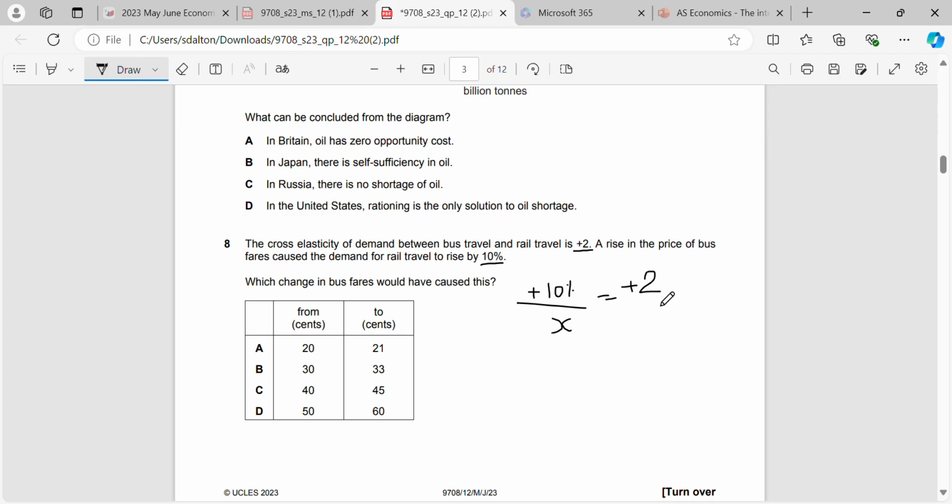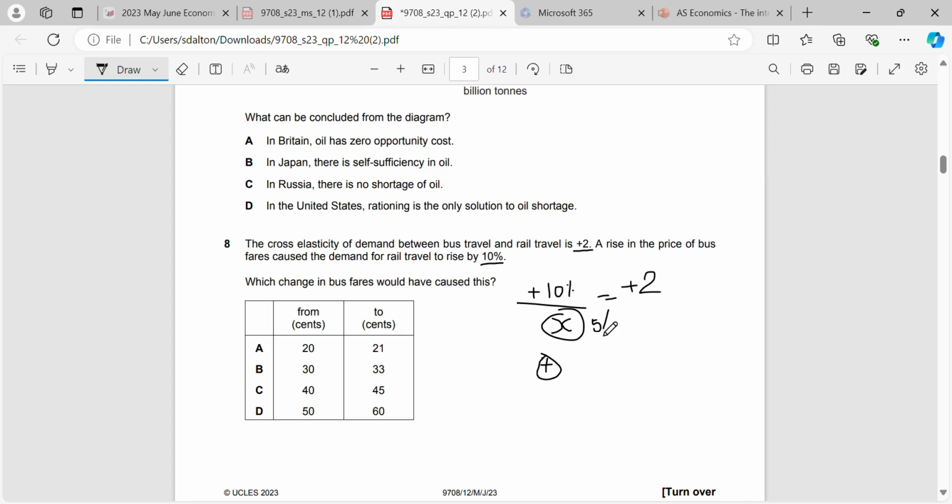Okay, so we know that X has to be positive, because we can't get a plus for our value otherwise, and we know straight away the price has to increase. What does it have to increase by to give us +2?